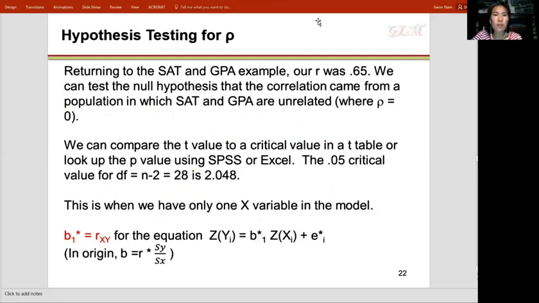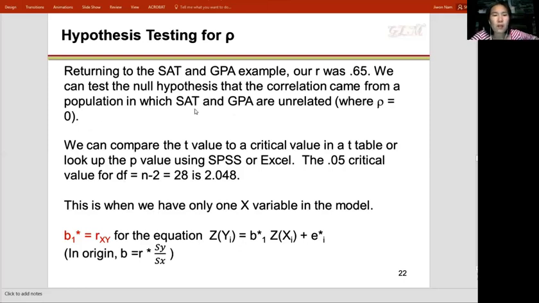Hypothesis testing for rho. Returning to the SAT and GPA example, our R was 0.65. We can test the null hypothesis that the correlation came from a population in which SAT and GPA are uncorrelated. Uncorrelated means the correlation equals 0. So that's why rho equals 0.